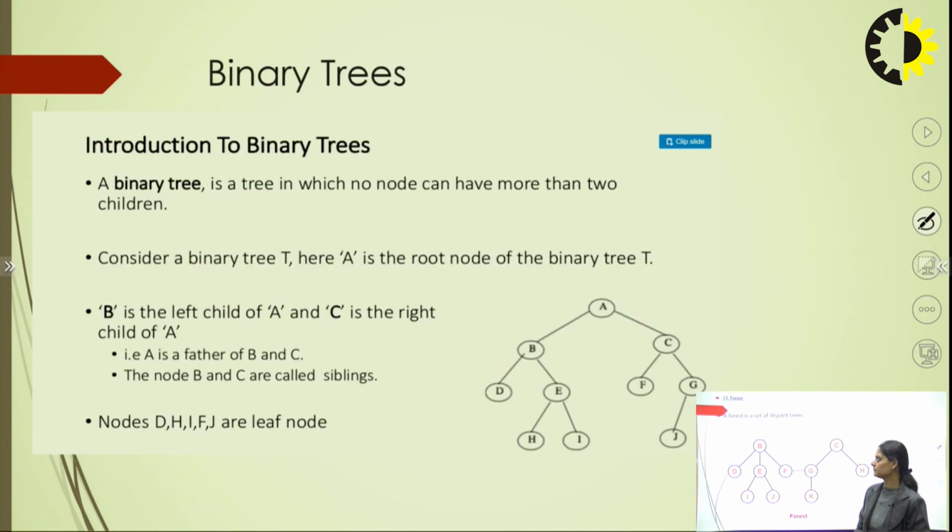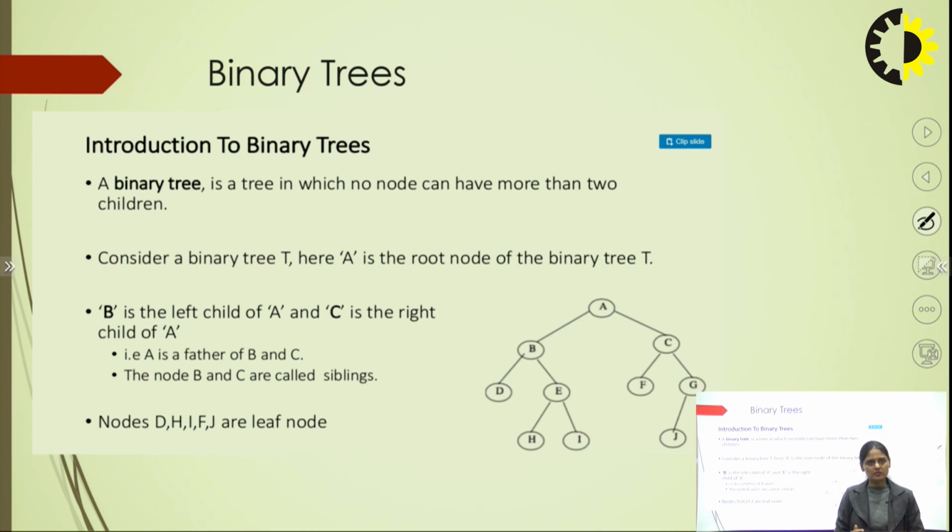Now we start with the special trees called binary trees. Up till now, a tree may have 0 children, 1 child, 2 children, 3 children, or n number of children. When we have special trees having at most 2 children, we consider those trees as binary trees.